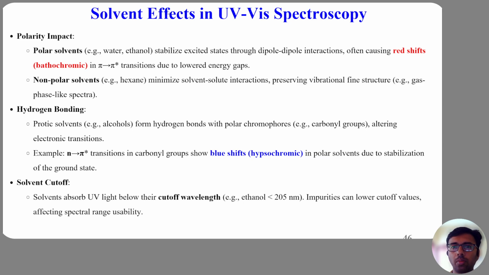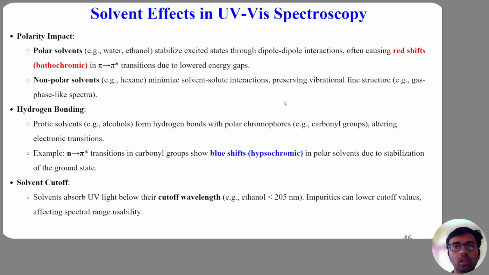Building upon the molecular orbital concept from our previous lectures, we will now analyze how specific solvents physically induce spectral shifts. The polarity of the solvent plays a major role in electronic transitions. Polar solvents such as water and ethanol strongly stabilize excited states.